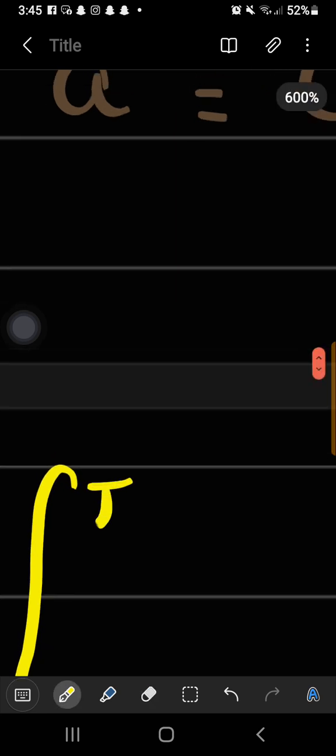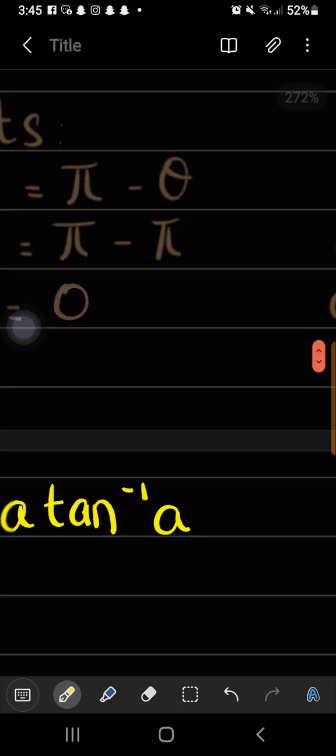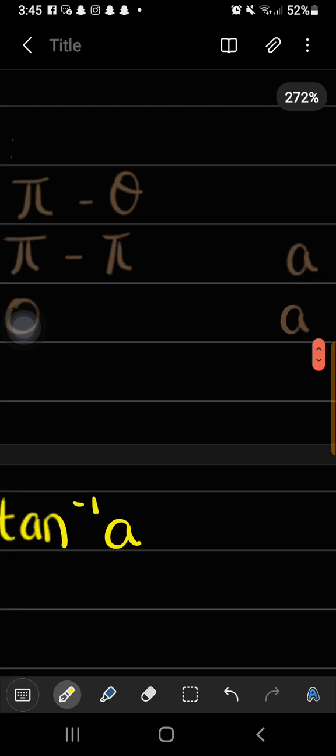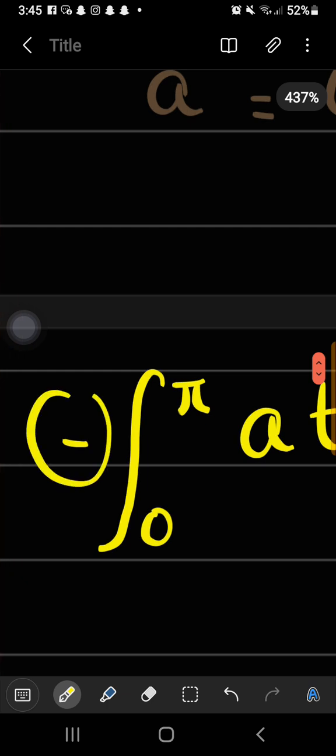So the limits will be the same. We showed how they will be the same, and instead of d theta we are writing dA. The question is how this came.